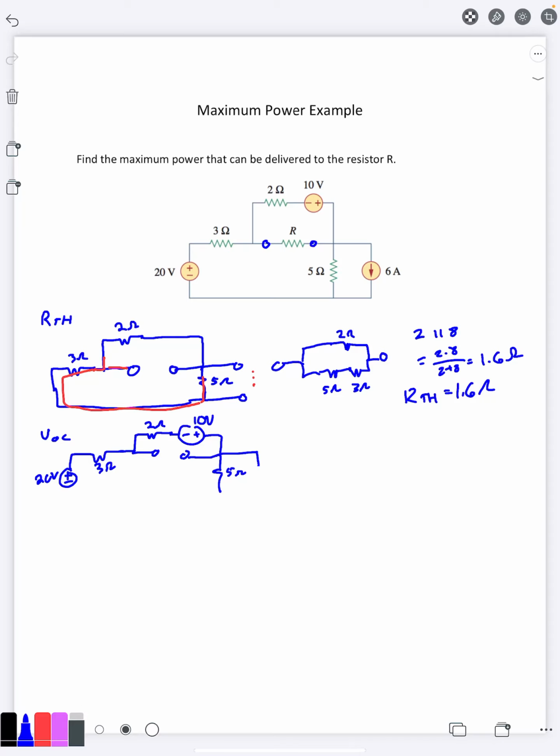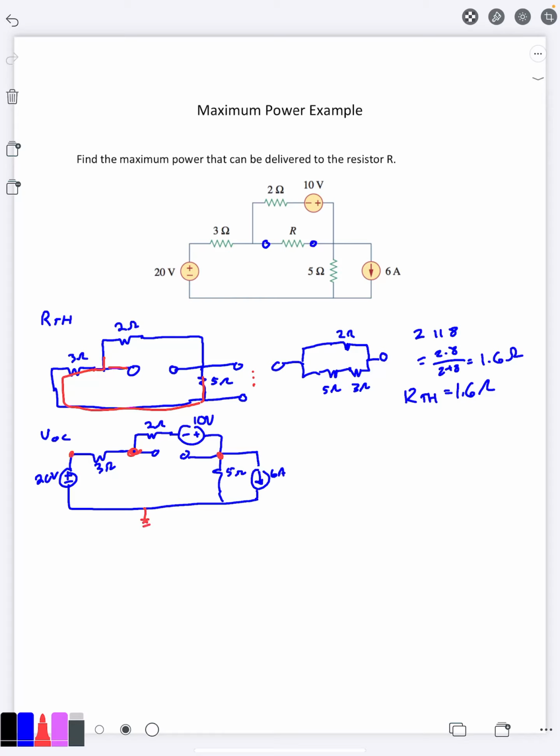Make that look a little nicer. And then we need to decide how to find the voltage difference between these 2 points, which are the same as those 2 nodes. So probably just use node voltage here.